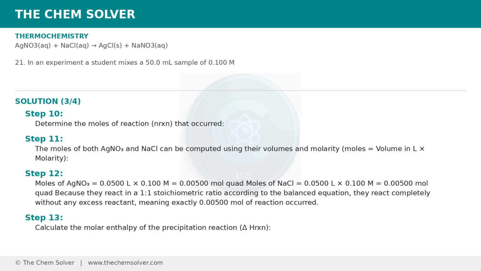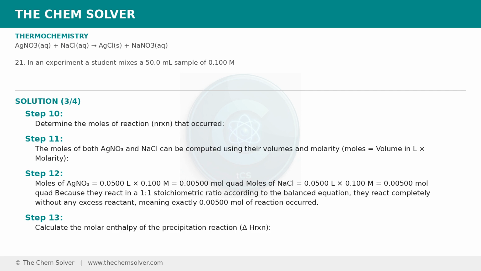Determine the moles of reaction, n RXN, that occurred. The moles of both AgNO3 and NaCl can be computed using their volumes and molarity. Moles equals volume in liters times molarity. Moles of AgNO3 is equal to 0.0500 liters times 0.100 molar, equals 0.00500 moles.